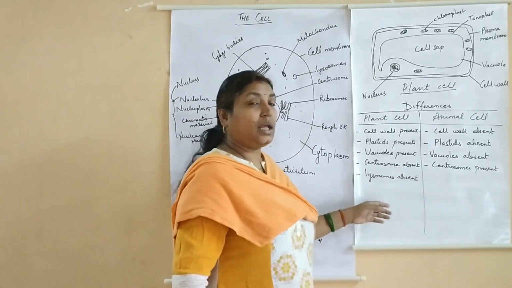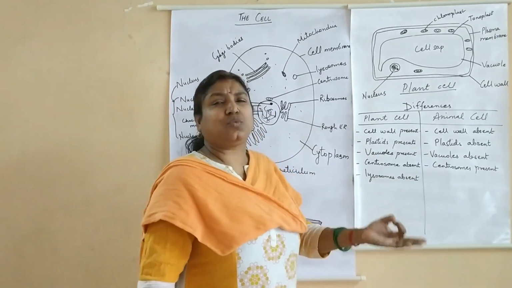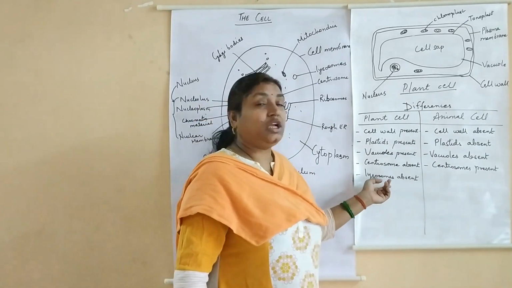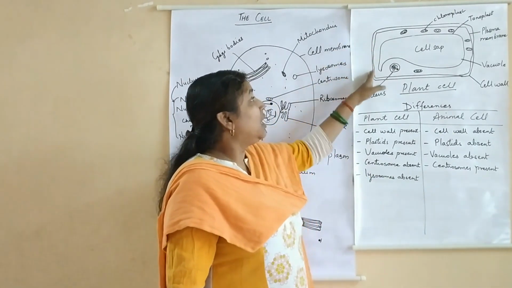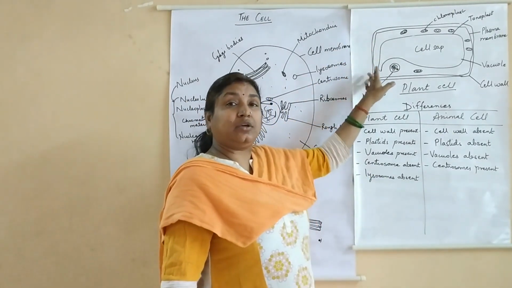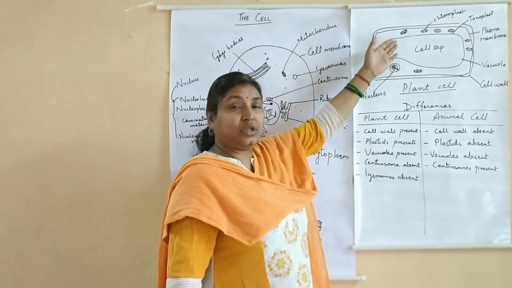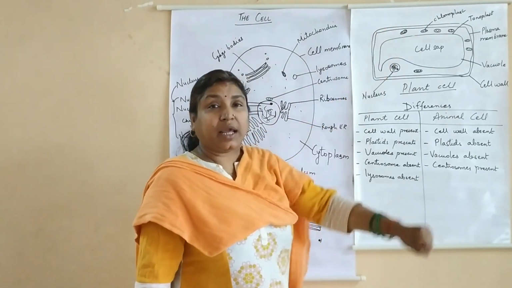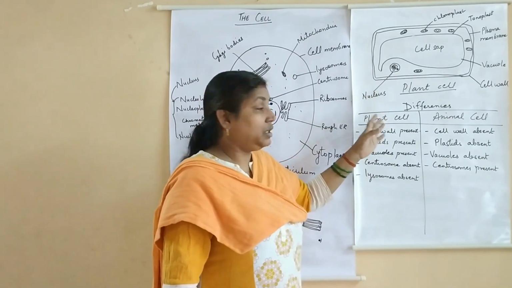Next, lysosomes. In plant cell, lysosomes are absent, and if present, they are very few in number, because there is no need of lysosomes in plant cell. Plant cell already has an additional protective layer called cell wall, which is made up of cellulose to protect from attacks of pathogens, microbes, and even from mechanical injuries.